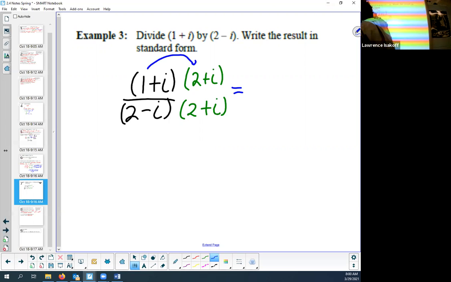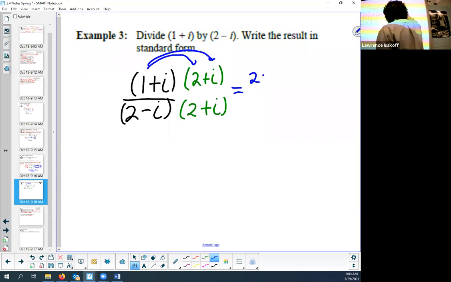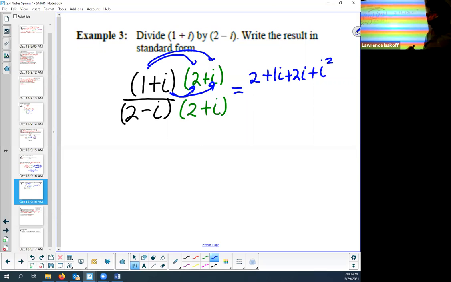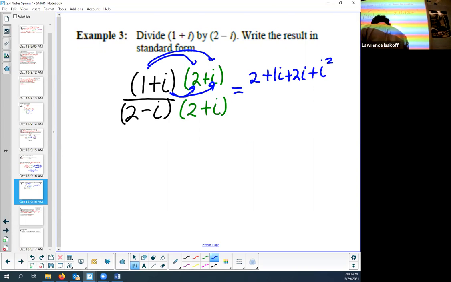So again, just doing FOIL here, 1 times 2 is 2, plus 1i, plus 2i, and then i times i will be plus i squared. Now that i squared is going to become a -1 in a second.